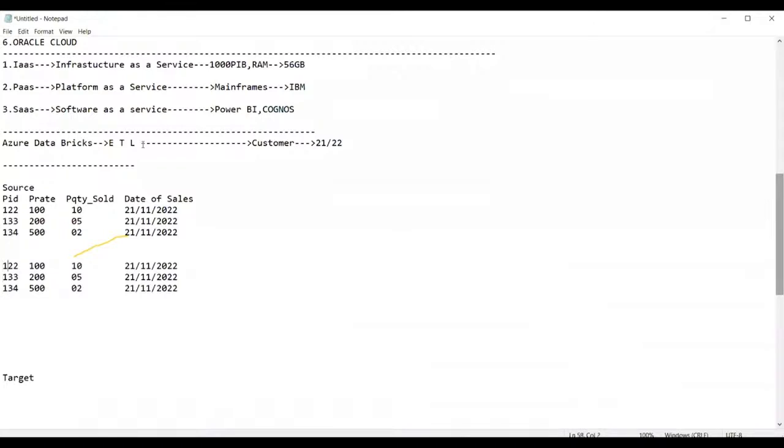But now, instead of this, I will make the rate 200, here 300, and here 1000. The product quantity sold stays as it is, but I'm changing the date to 22.